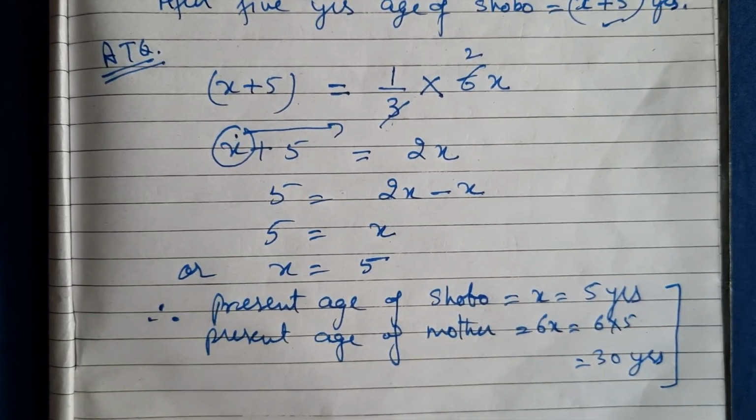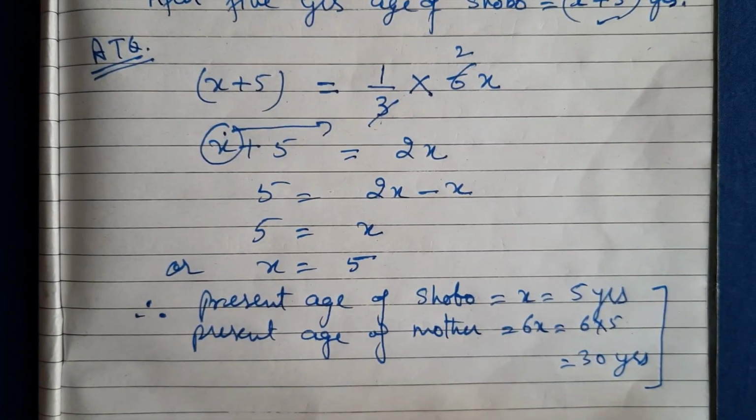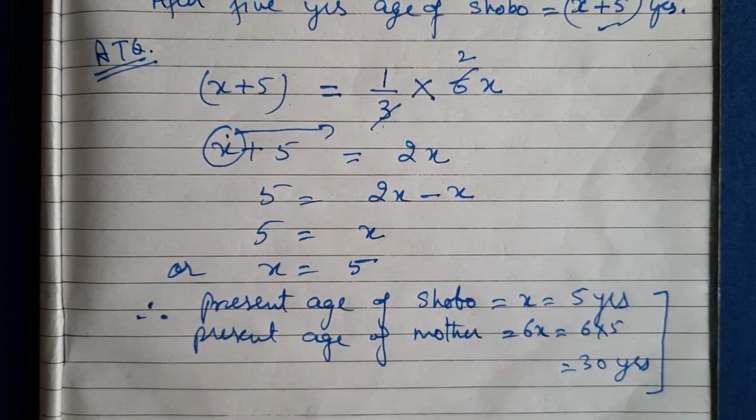So it means present age of Shobo is 5 years and mother is 30 years.